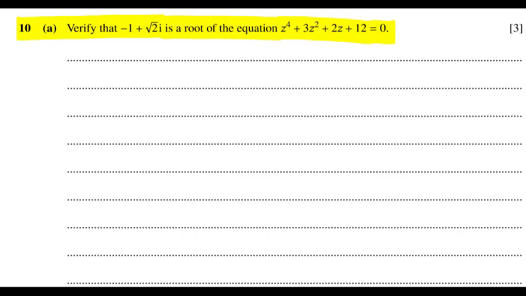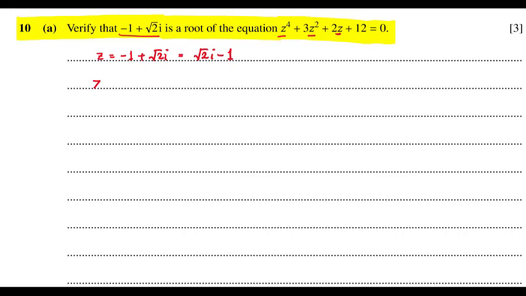So the best way is we can first of all find the required things to substitute. For example, z is there, which is here. We'll find z square separately, and then we'll find z power 4, so that we can just plug in the values at the last. So here the z, I'll take z as this, -1 plus root 2 iota, or we can rewrite this as root 2 iota minus 1, both are same.